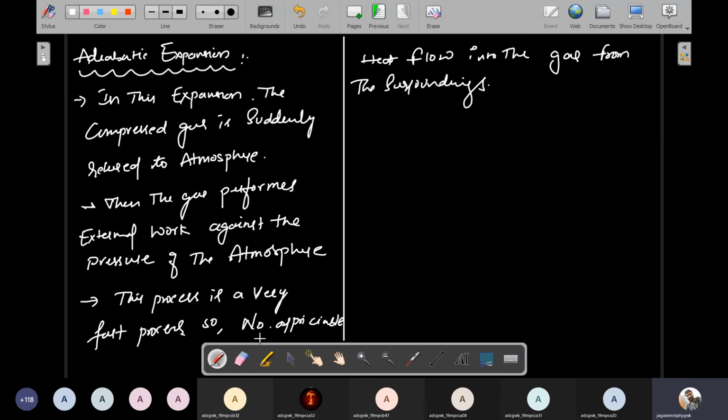See, this point is very important. Why? Because it is a very fast process, that much heat will not flow from the surroundings into the gas. Therefore, hence the external work is drawn only from the internal energy of the gas actually.